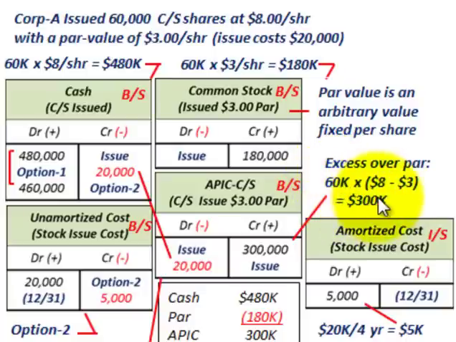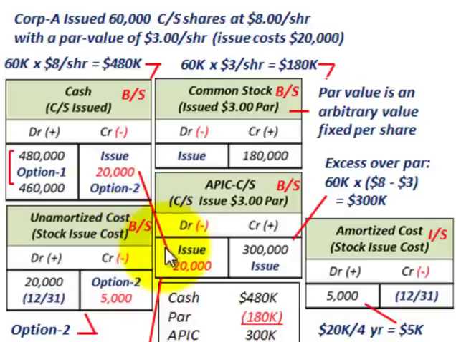That equals $300,000, so we'd credit our additional paid-in capital for $300,000. Remember, the additional paid-in capital is just part of the equity on this common stock, so we record the par value amount of $180,000 plus the credit to additional paid-in capital of $300,000. That balances with our debit amount, the cash we received at $480,000.